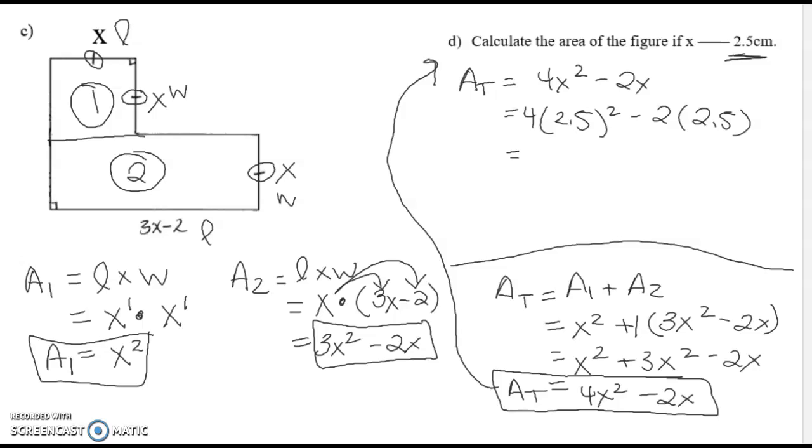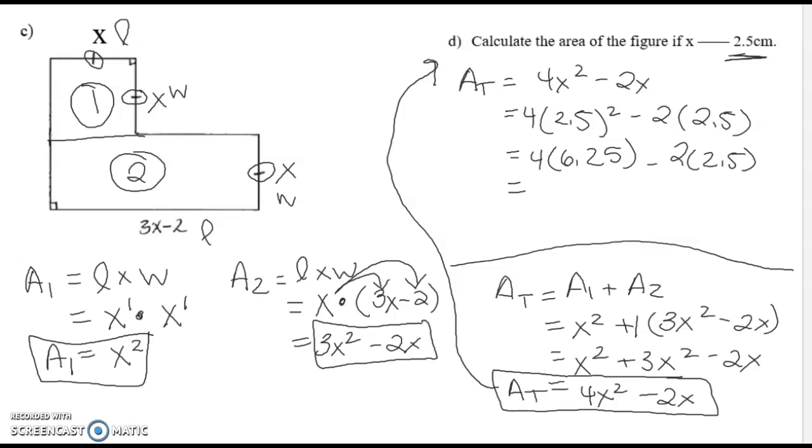Okay, and then in your calculators, we have to think of BEDMAS. So brackets first, and then exponents. So 2.5 squared, so it's going to be 4 times 6.25. And then subtract, we have 2 times 2.5. Okay, leaving that the same.